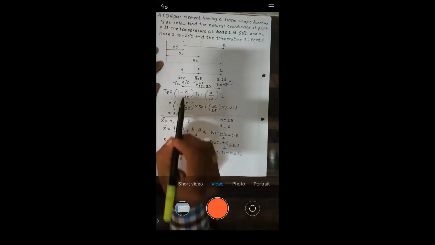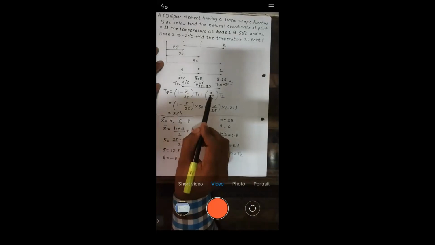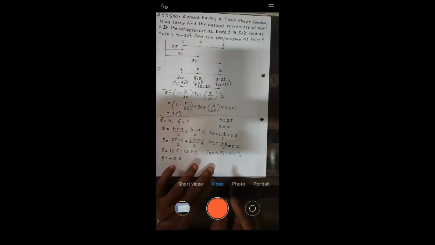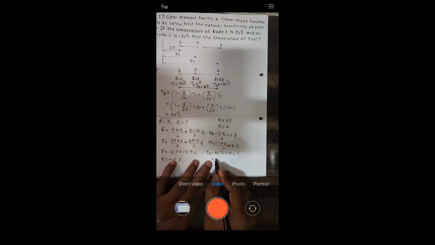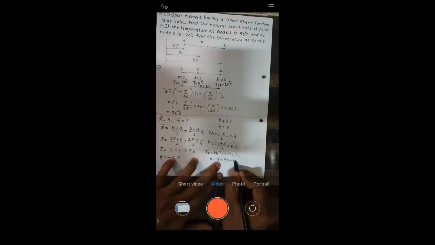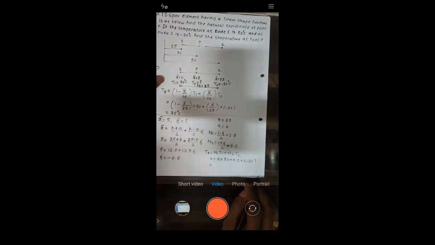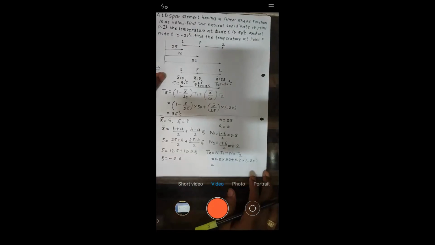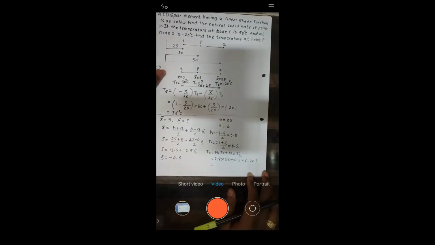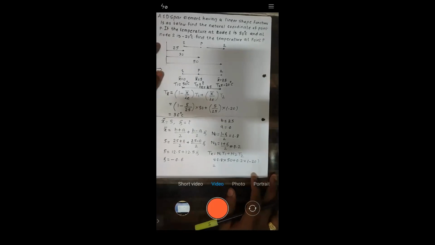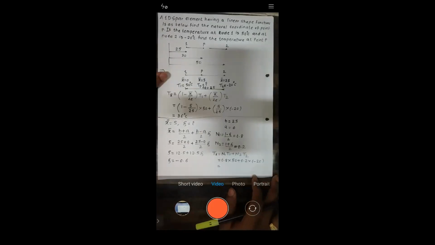So N1 is 0.8 into T1, that is 50, plus N2, that is 0.2, into T2, which is minus 20. What answer are we getting? Just check. It is 36, right?